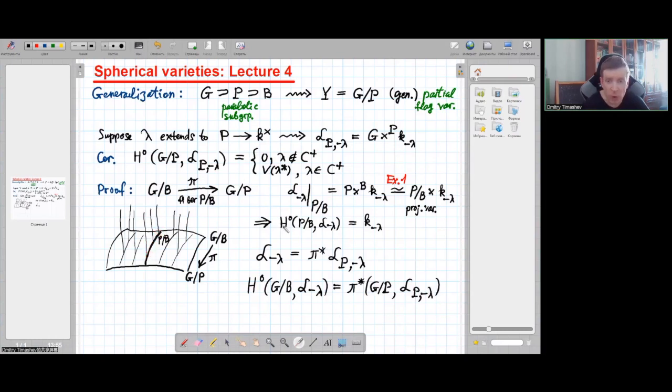But as we have proved, all sections are constant along fibers. So this equality is true. And now we can just apply the Borel-Weil theorem for G mod B. Now apply the Borel-Weil theorem for this line bundle on G mod B, and we get the statement which we want to prove. So this is the proof. This is the end of the proof.